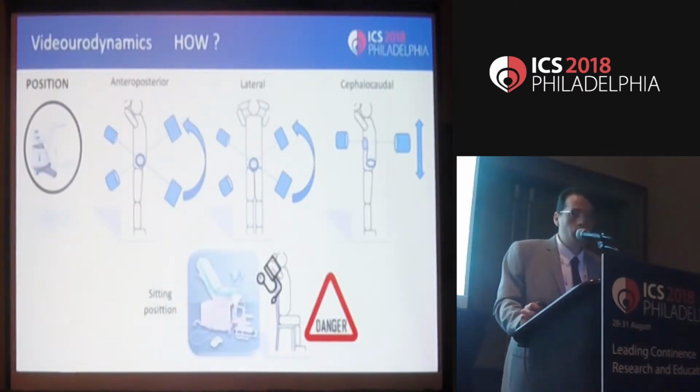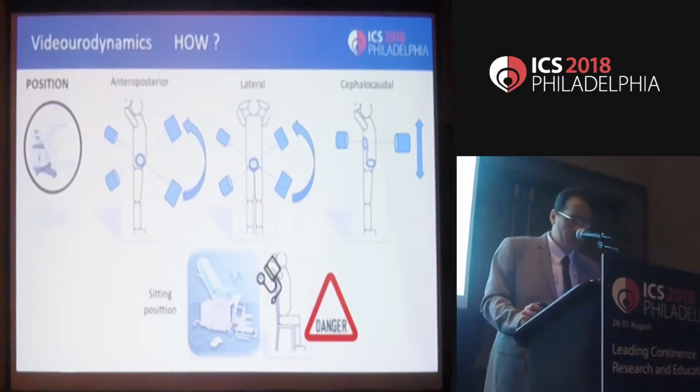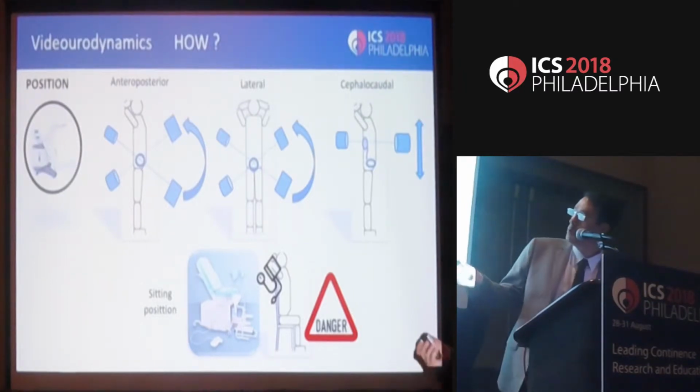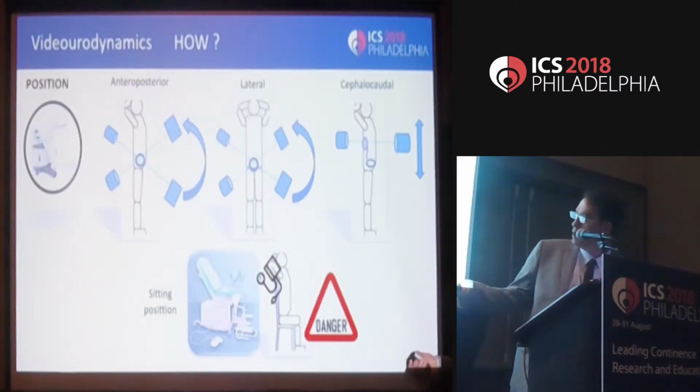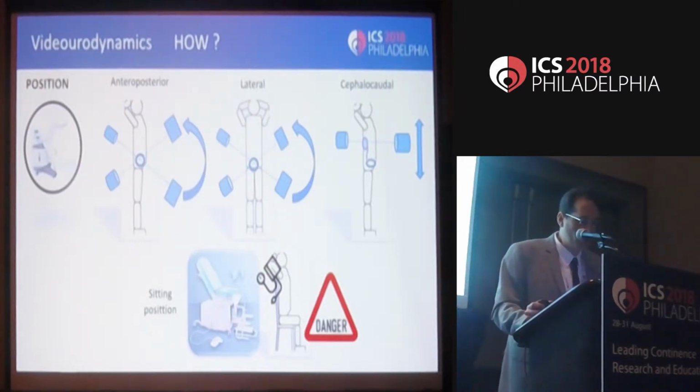We start with how to perform it, and the first consideration is the position. We prefer to use a tilting table because it gives us the liberty to use different positions. Sometimes a chair like this is needed for neurological patients.